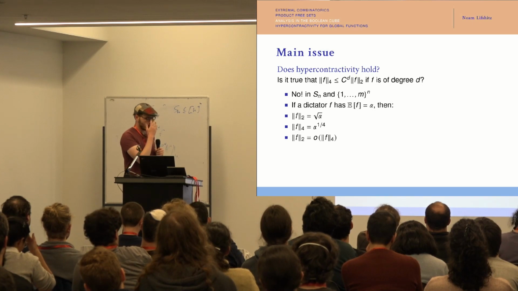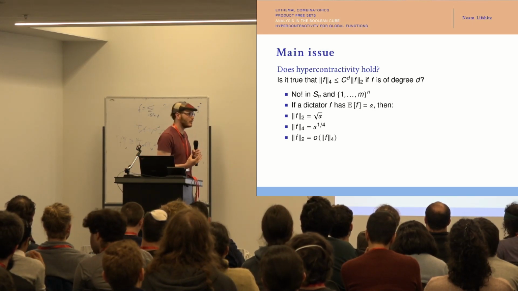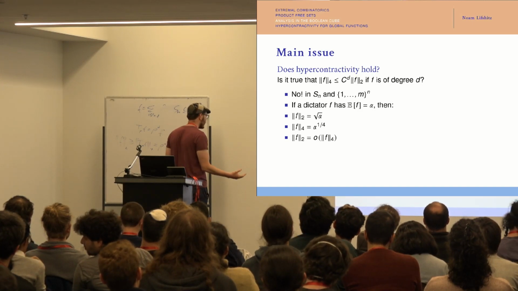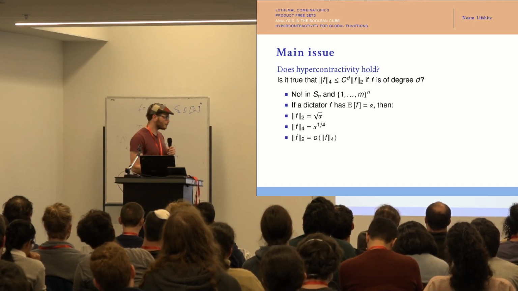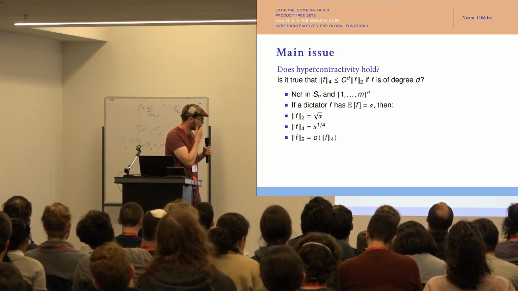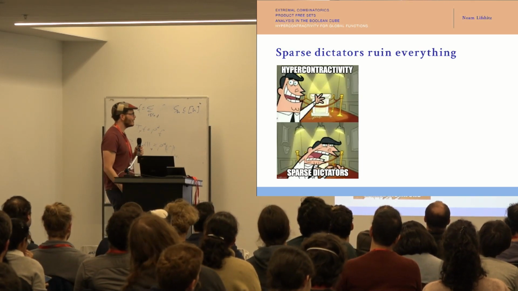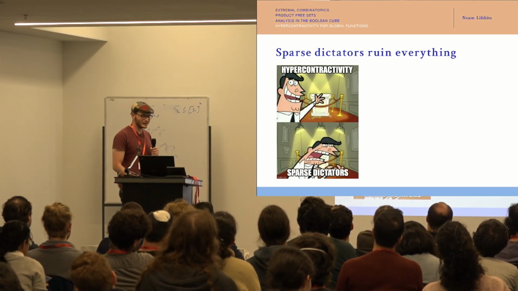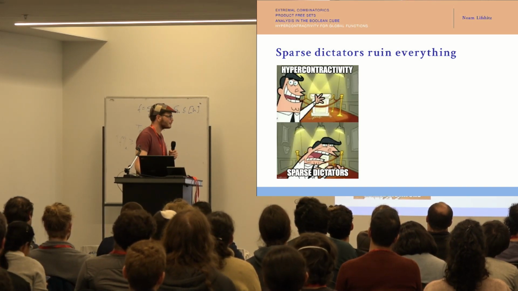But in the Boolean cube, dictators are not small. Their expectation is large. Their density is large. On the other hand, in the symmetric group, dictators can have density 1 over n. And it turns out that they not only ruin small set expansion, but actually small dictators ruin everything.